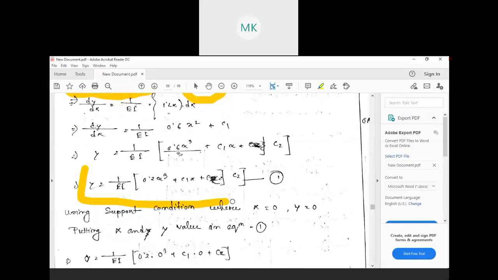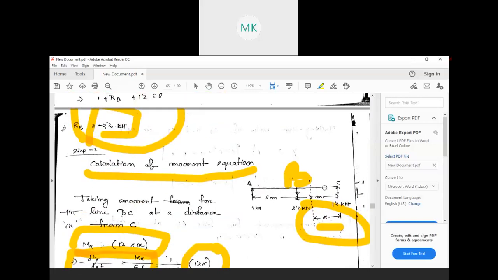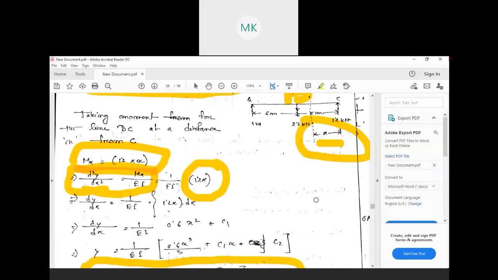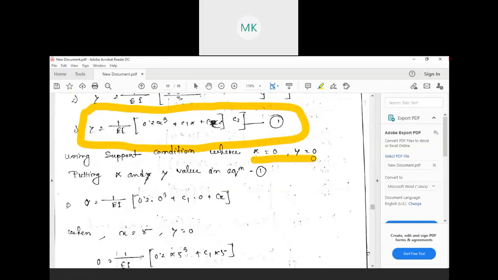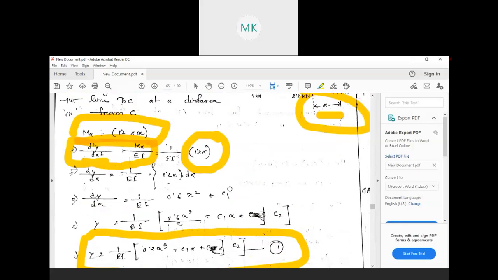By simply doing this, finally you will get the equation y equals 1 by EI into 0.2x cube plus c1x plus c2. Now we need to put the values of x = 0 and y = 0 in equation 1, because we are using the BC line, coming from C to B. At C, x is 0 and y is 0, so we start from there. Putting these values in the equation, you will get c2.